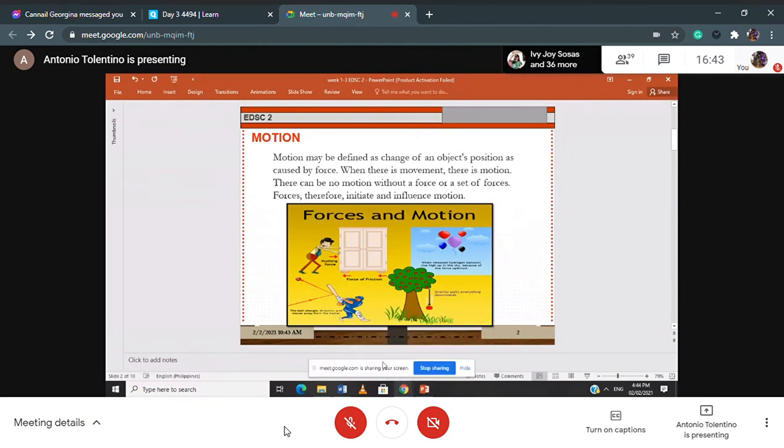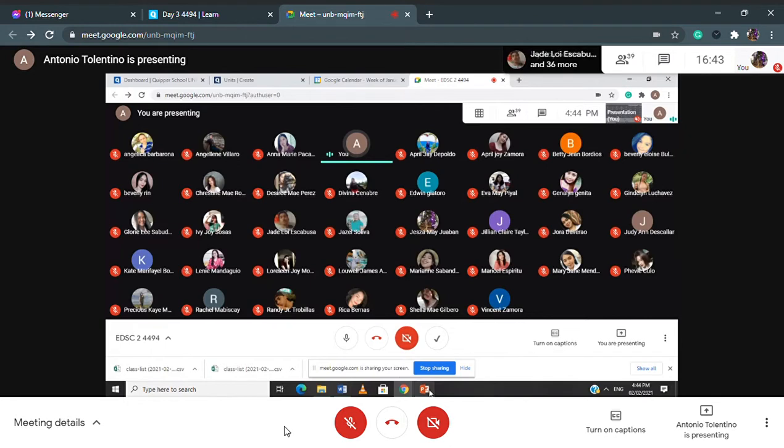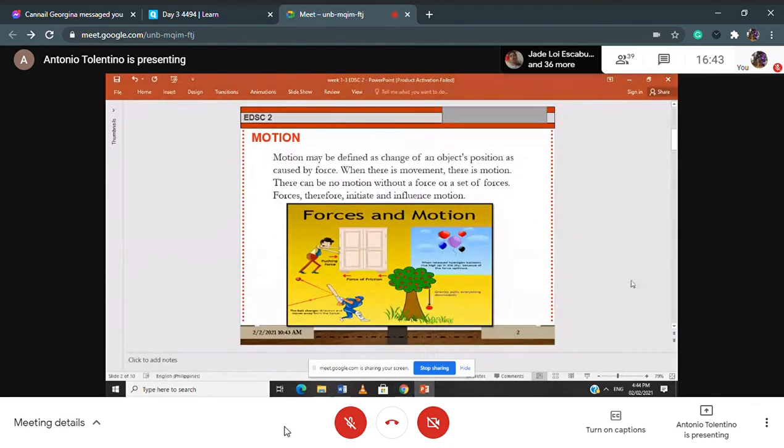The relationship between motion and force: there should be a force for there to be motion. Whether you apply the force, or it is a natural force like magnetism or gravitational force, it depends.